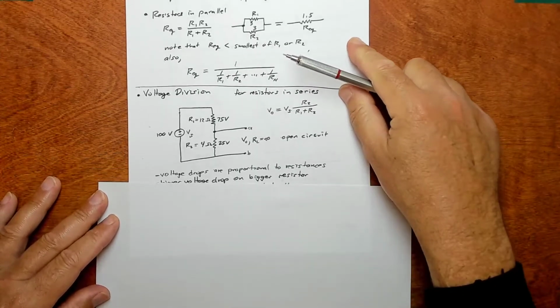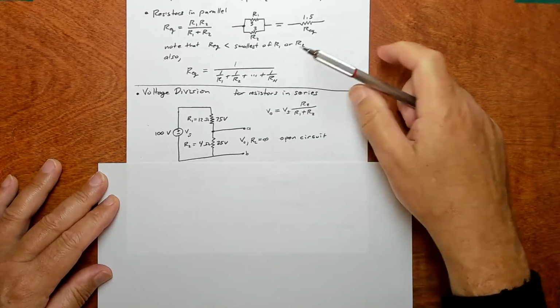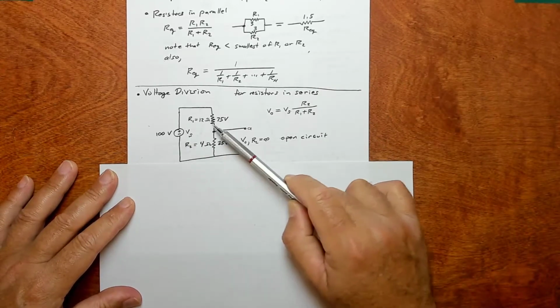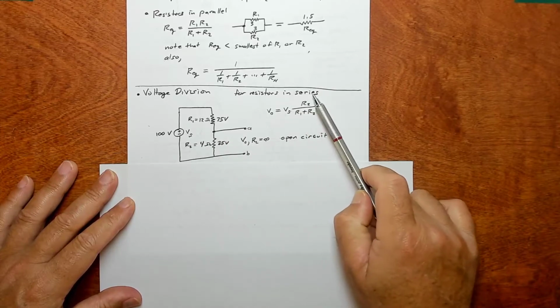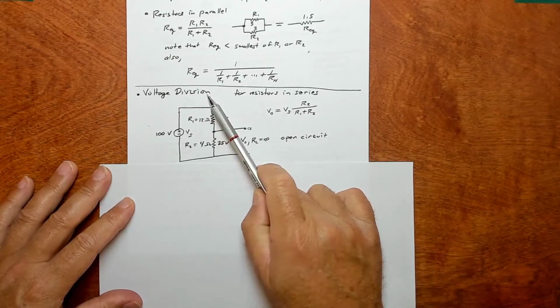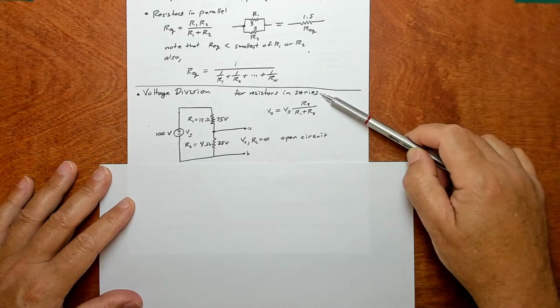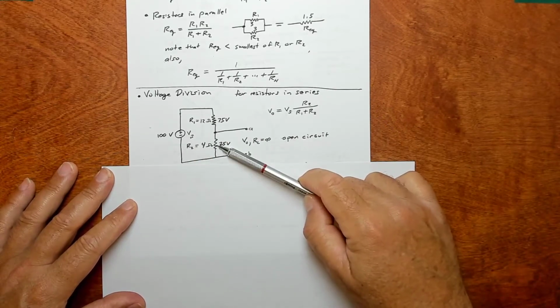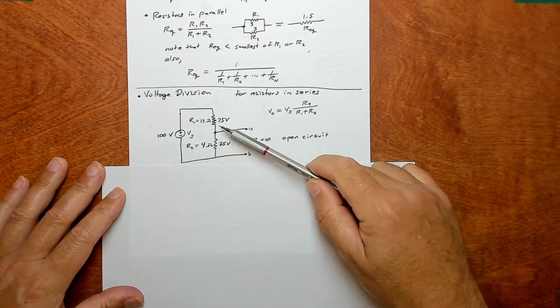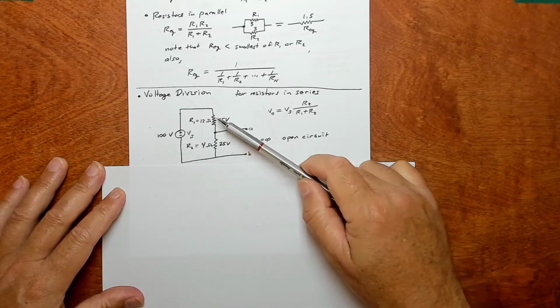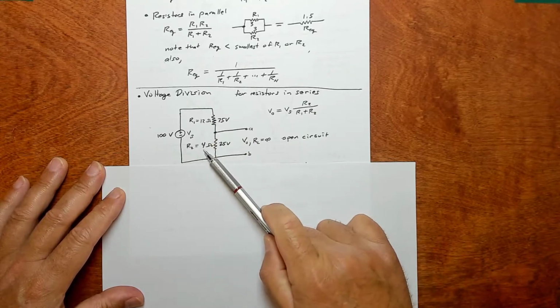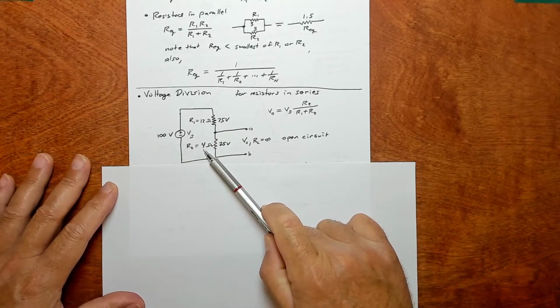The next thing is this idea of voltage division. If you have a voltage source and two resistors in series, then that voltage will be dropped across the two resistors with a ratio that's proportional to the resistance values. Here I have a 12 ohm resistor and a 4 ohm resistor.